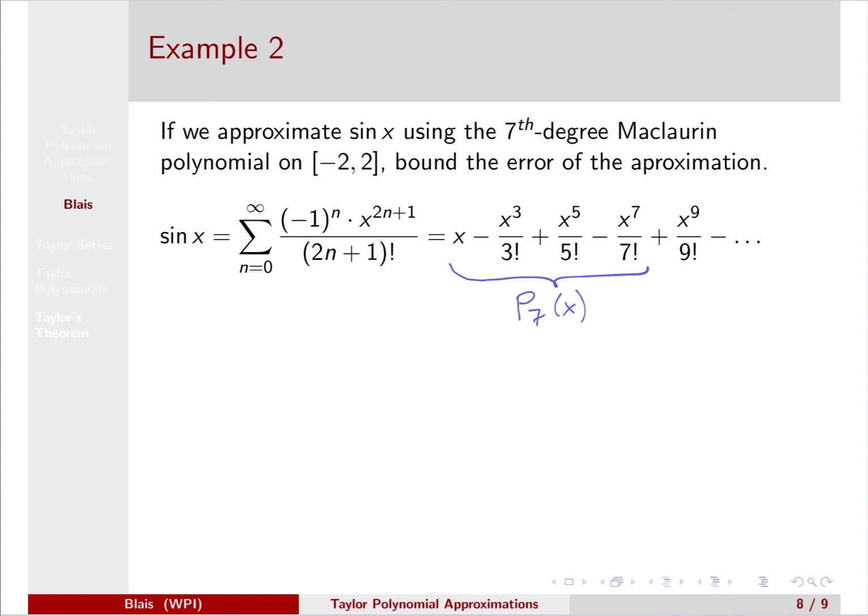Now, we can take the approach of using Taylor's theorem again, and note that Taylor's theorem tells us that sine of x is equal to that P7 of x plus its corresponding remainder term, where R7 of x looks like the first term omitted.